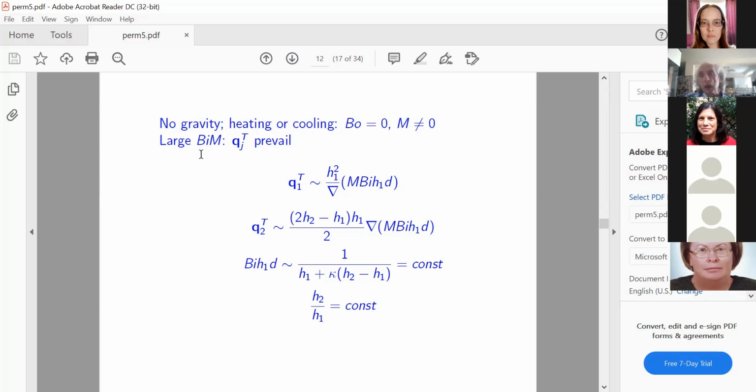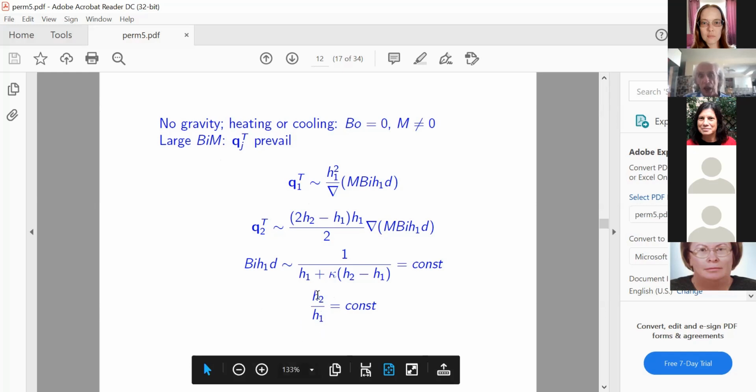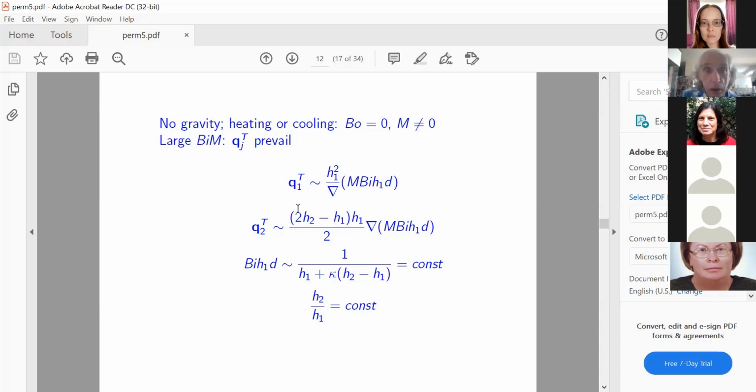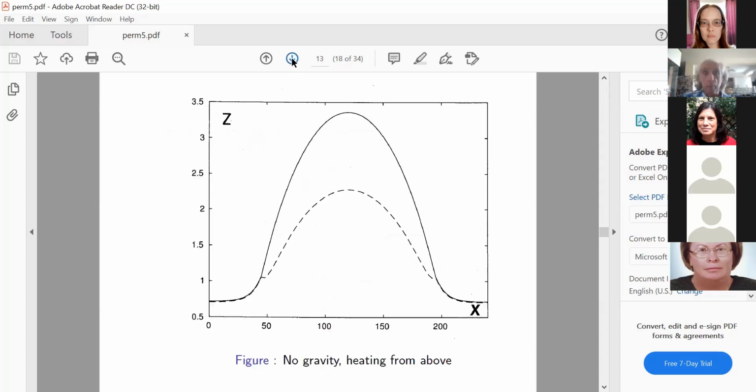In this case, the contribution of the thermocapillary effect into the flow rate prevails. And if we take this limit expression, we see that for balance, we have to have a constant ratio of the thicknesses, a completely different criterion. And that's what we see.